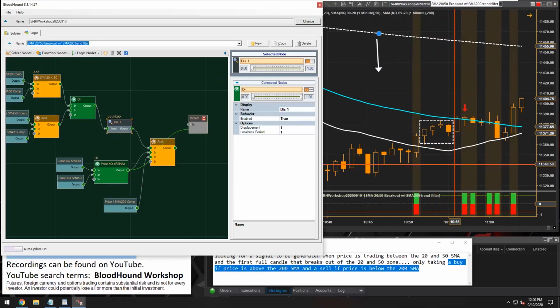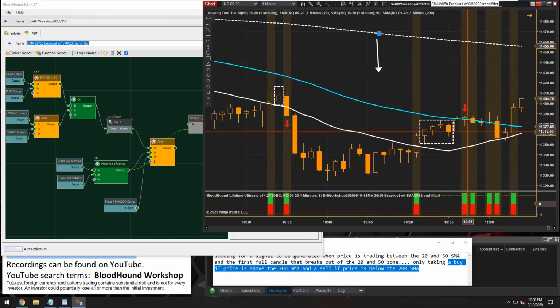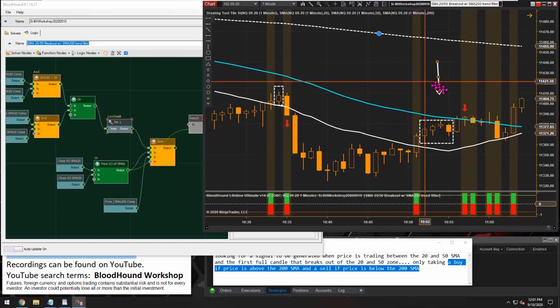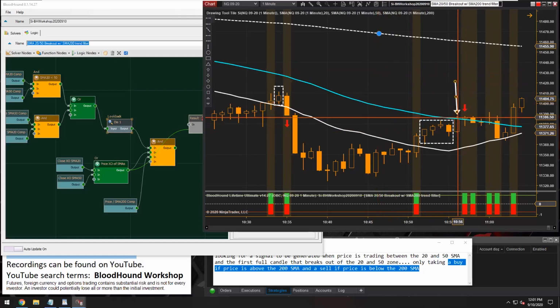oh, look at that. Okay. Interesting. Okay, so what's happened here is that on this bar, the wick went above the SMA 50. And so this bar was not in between. So the crossover occurs on this bar, but the previous bar was in between.